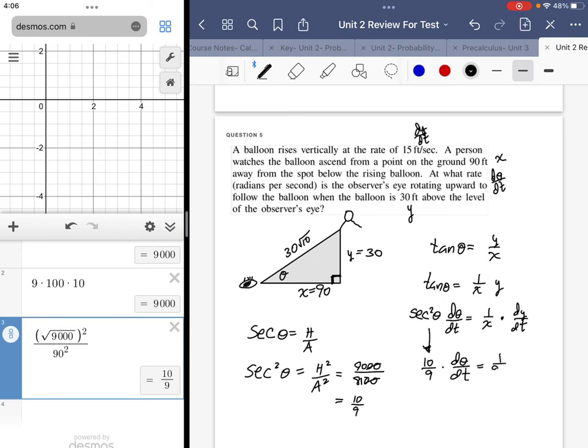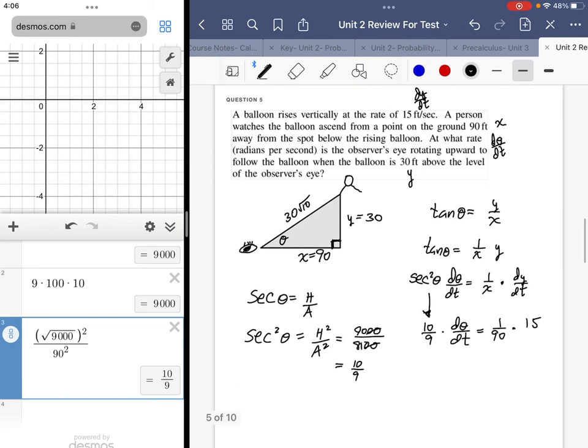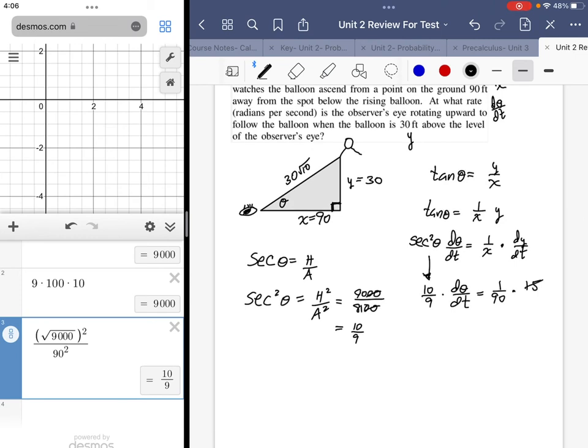So 1 over 90 times dy dt, which they said is 15. All right, so 15 goes into 90 6 times. So 10/9 times d theta dt would be equal to 1/6. Then a little cross multiplying here.